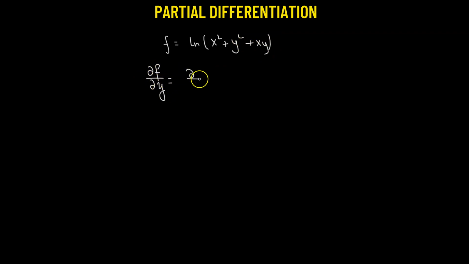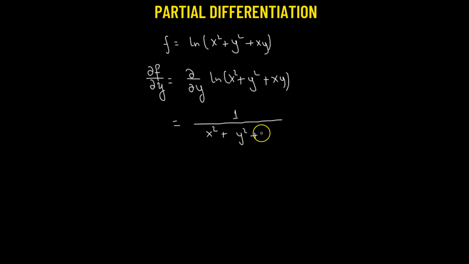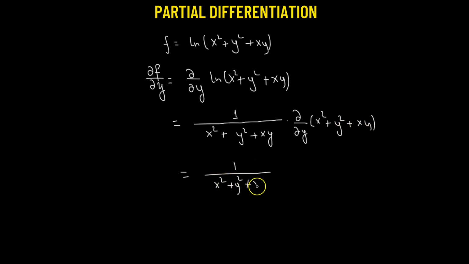So we have the partial with respect to y of log of x squared plus y squared plus xy, which will be equal to 1 divided by x squared plus y squared plus xy, multiplied by the partial with respect to y of x squared plus y squared plus xy.